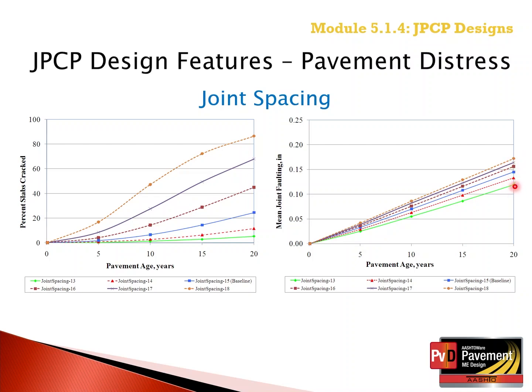There's only a minor impact. In other words, shortening the joint spacing has a minor impact on reducing faulting of transverse joints, but a very significant impact on reducing percent cracked slabs of jointed plain concrete pavements.